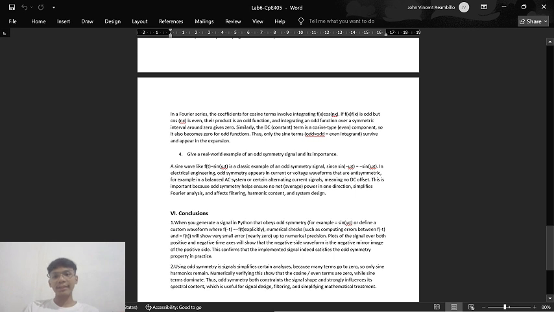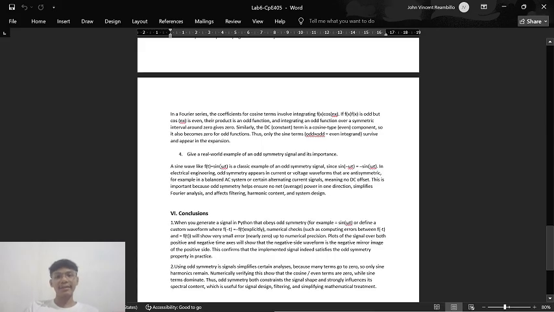In conclusion, this activity helped me understand and visualize the concept of odd symmetry in digital signals. Using Python made it easier to generate signals. Odd signals are important because they simplify Fourier analysis, allowing only sine components to exist.